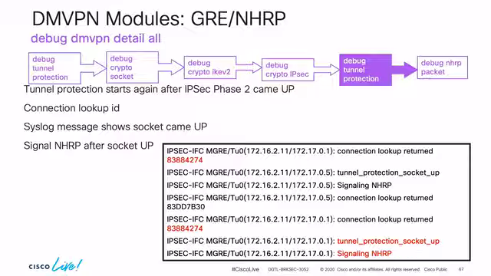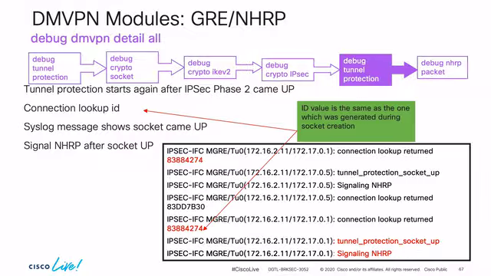Once this happens, tunnel protection is going to signal to NHRP that the socket is up. Once it signals this, the NHRP registration process, or the resolution process in the case of a spoke-to-spoke tunnel, happens.